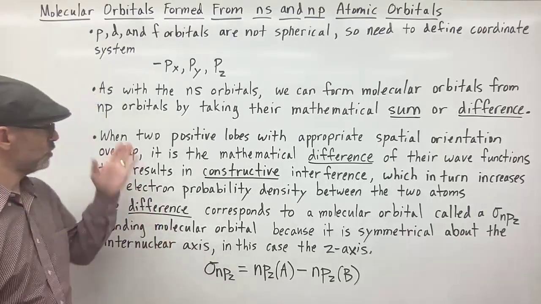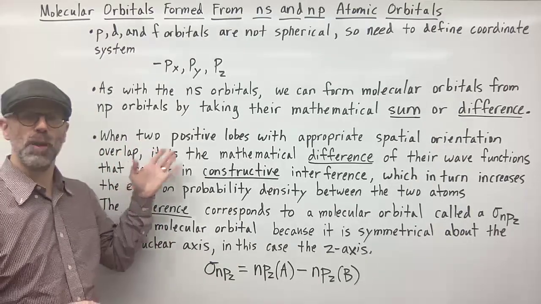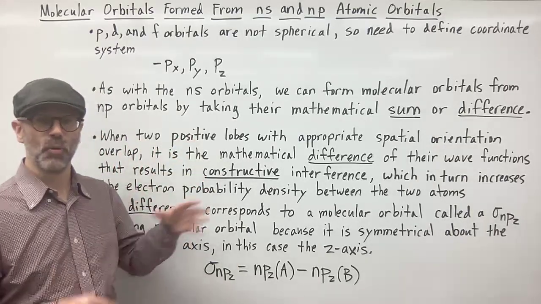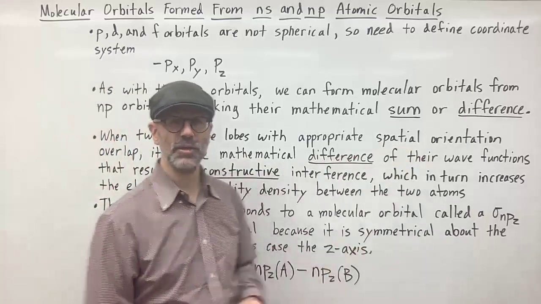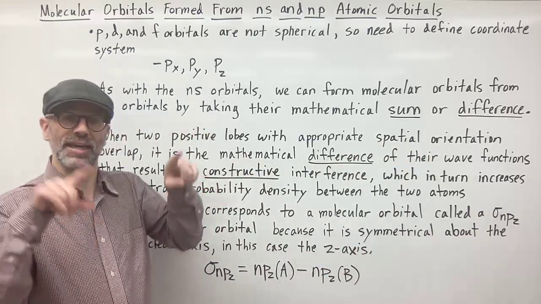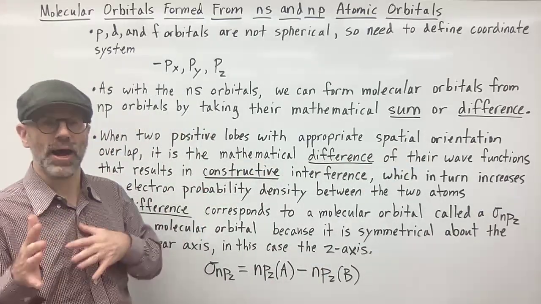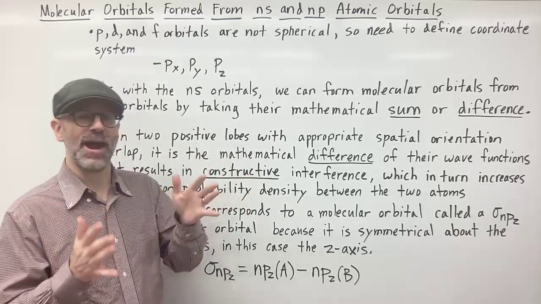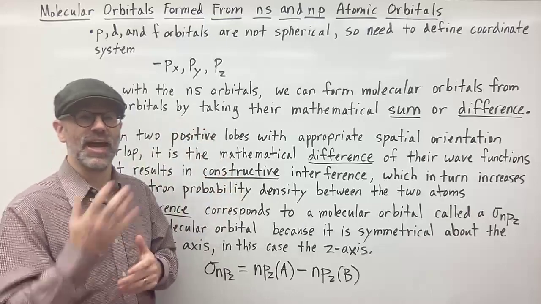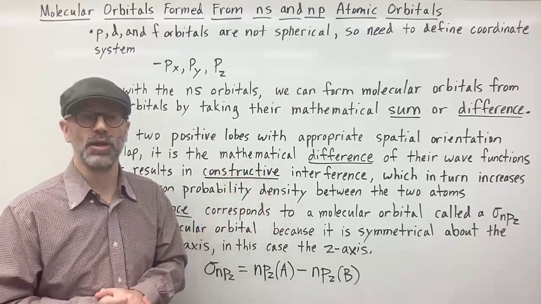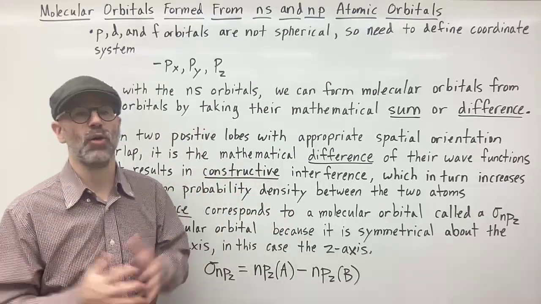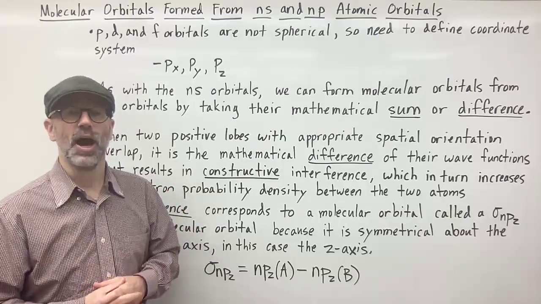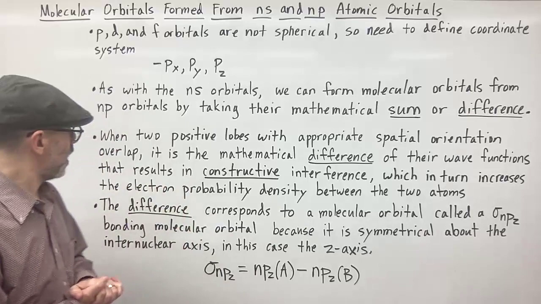Just like with the s orbitals, we need two lobes with the appropriate spatial orientation, right? Are they both along the x-axis? Are they both along the y-axis? So y cannot overlap or interact with z, and z can't overlap or interact with x because they don't have the same orientation. So it's important that they have the same spatial orientation.